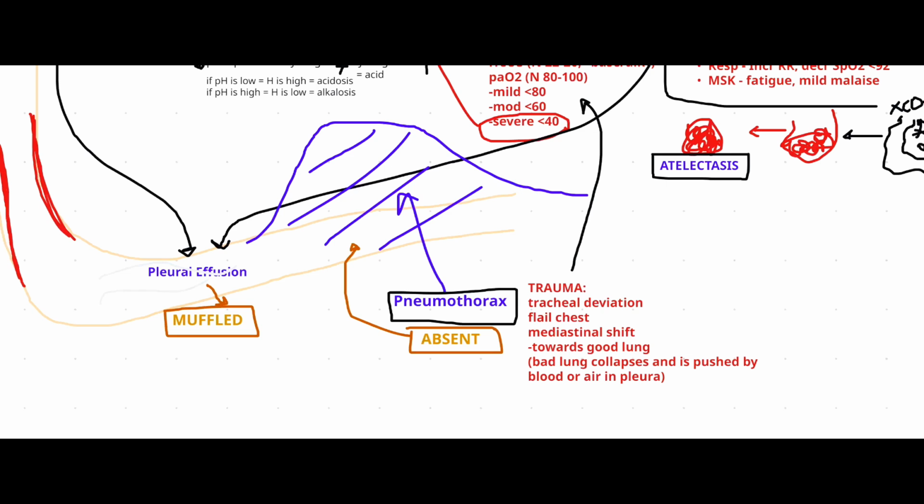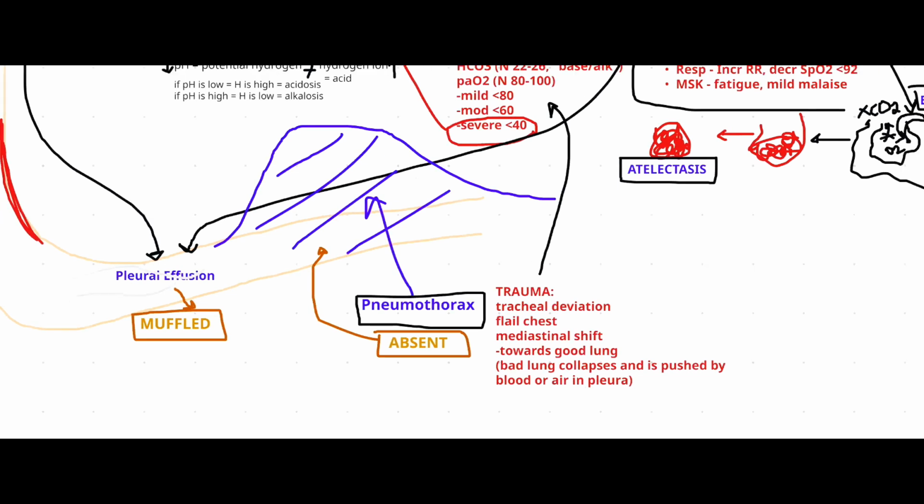If there is a pneumothorax, what are the signs? If it's very big, let's say maybe even a hemothorax, not just a pneumothorax, then this side of the lung will collapse, because it's going to be occupied by pleura, blood and air. So the trachea is going to deviate to where the air is. You're going to see tracheal deviation. You're going to see a flail chest. If the pneumothorax is on the right, then the left still inflates, the right does not, right?